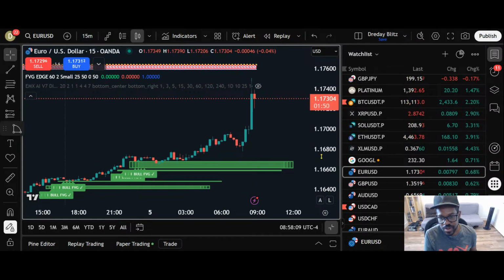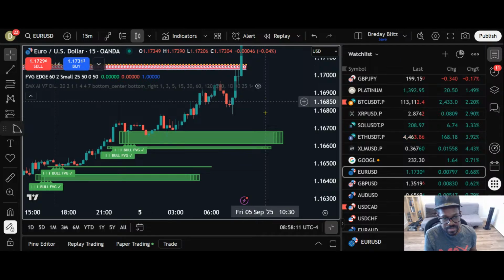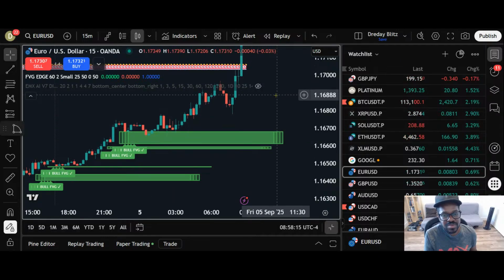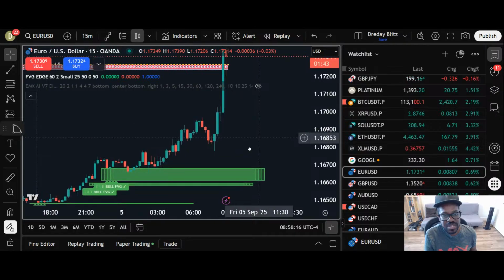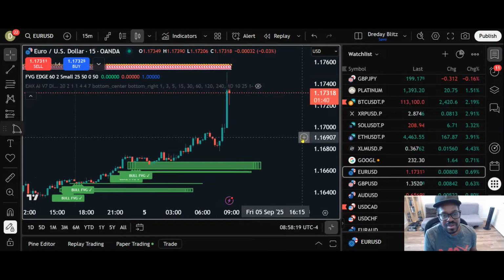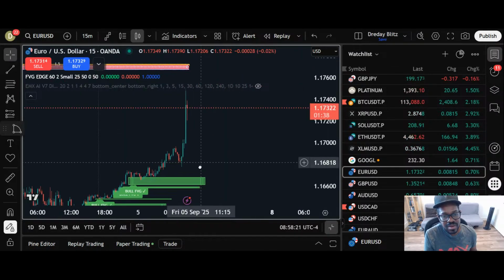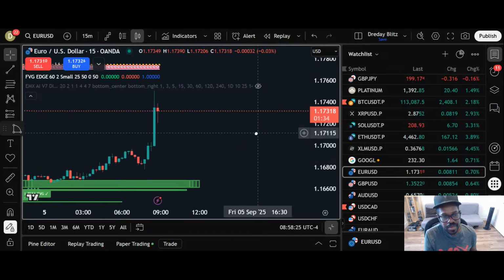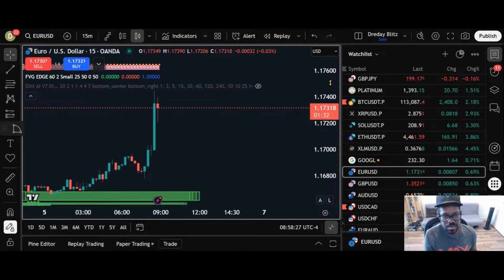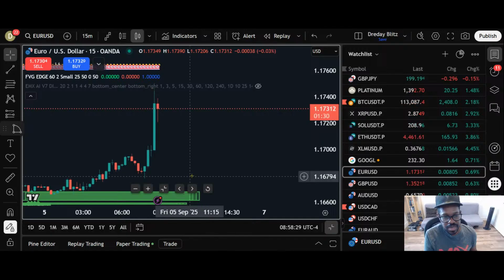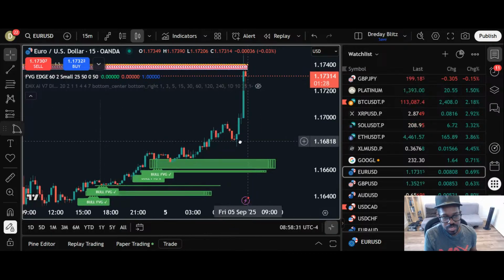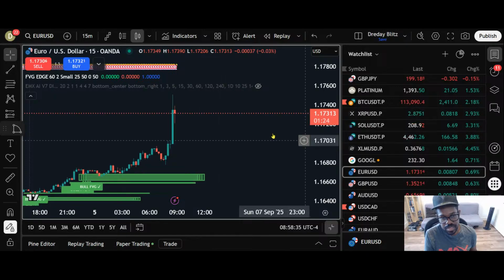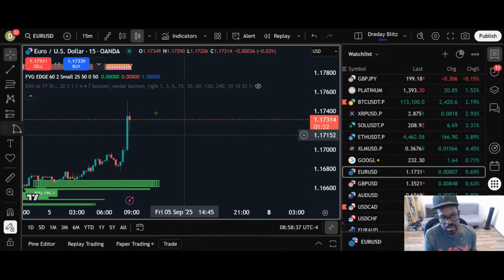That was our previous fair value gap here on the H1. It tapped it multiple times to push the price higher. Now we should have a reversal coming in here eventually. All right, so expecting to go short here on Euro USD during the day or starting next week.